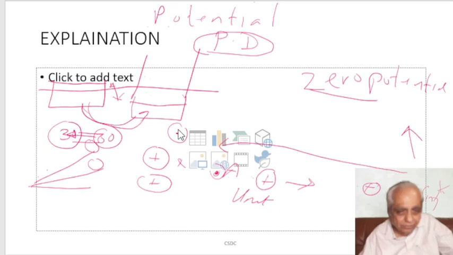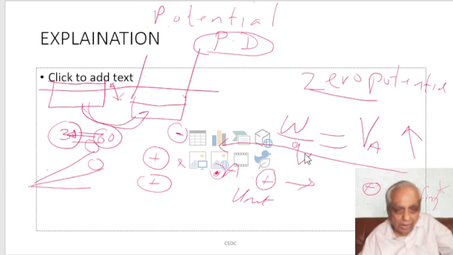Then the amount of work that I have to do in bringing charge from infinity to the point A is, suppose, W, and if I am bringing a charge of magnitude Q, then W upon Q is called potential at A, V at A, because I am bringing the charge up to A.